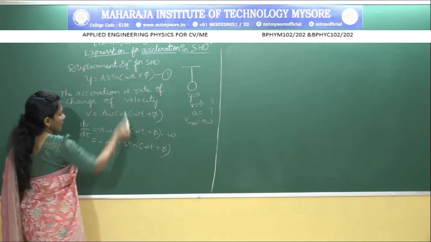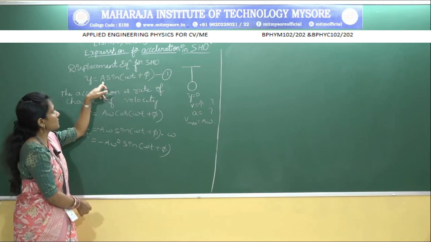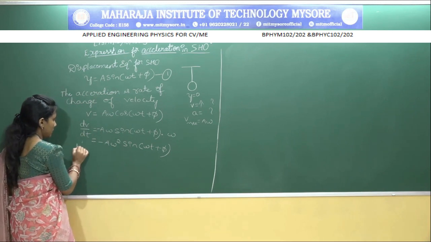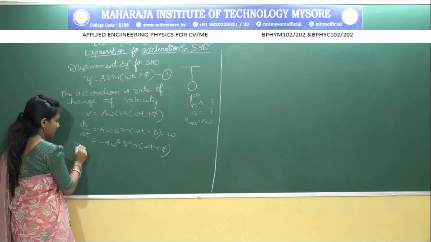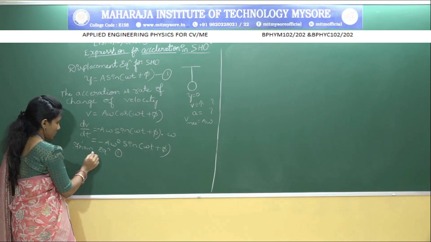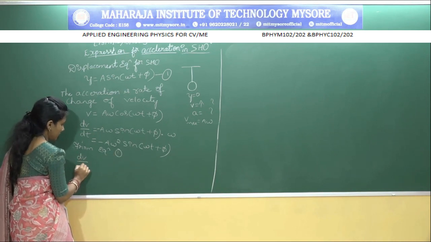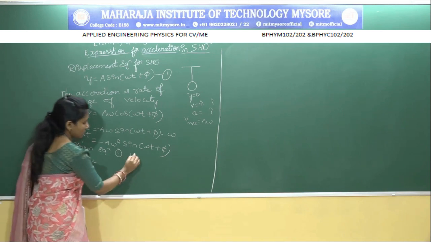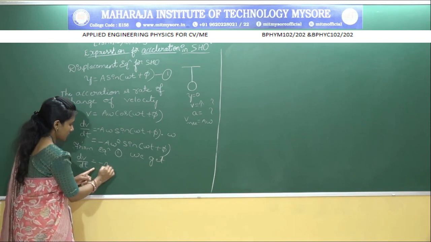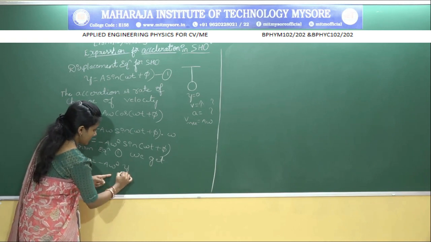But from equation 1, what is sine of omega t plus phi? From equation 1, sine of omega t plus phi is y by a. So we can write that here. Then dv by dt is equal to minus a omega square y by a.